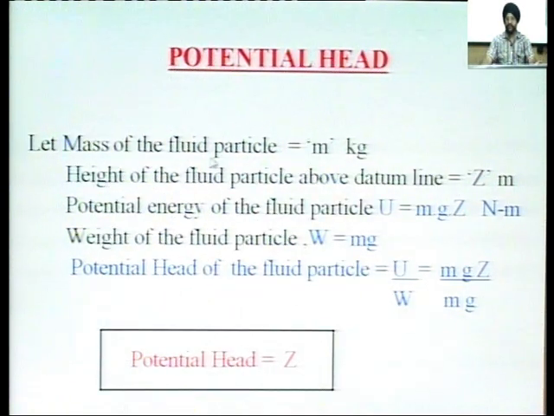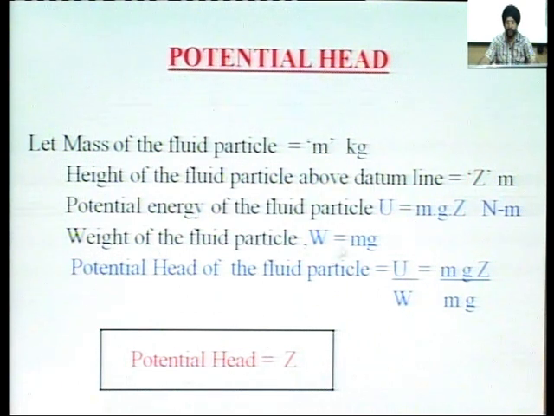If m is the mass of the fluid particle in kg, if z is the height of the fluid particle above datum level, suppose if you have any reference line or datum level, we have a height of a particle z meters, then potential energy of the fluid particle U is given by mg into z. So, this is the expression for potential energy.